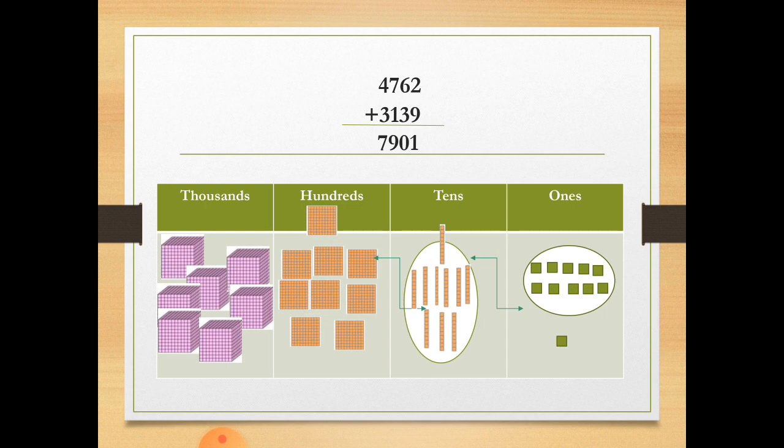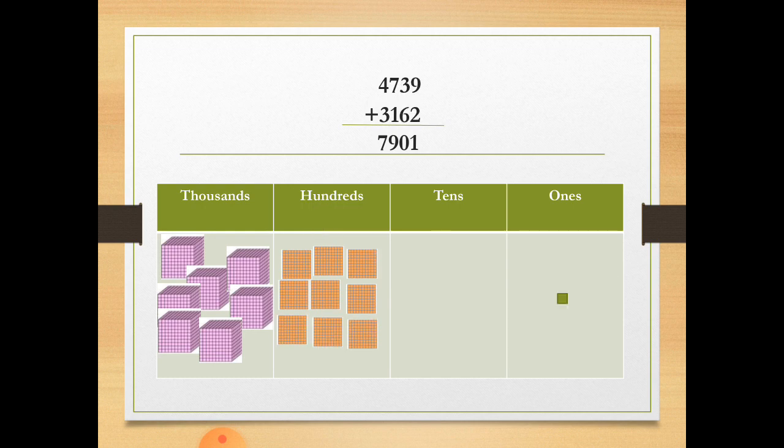There is no ten left in the tens column. Now let's count the hundreds blocks. There are 7 already, 1 from the second number, and 100 from the carryover. So the total hundreds blocks are 9, and 4 plus 3 is 7. So the sum of these two numbers is 7,901.